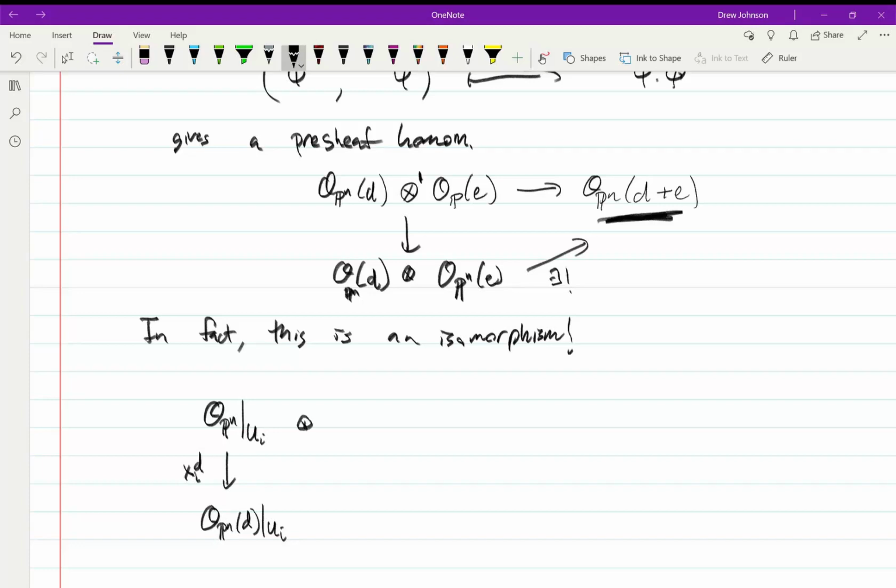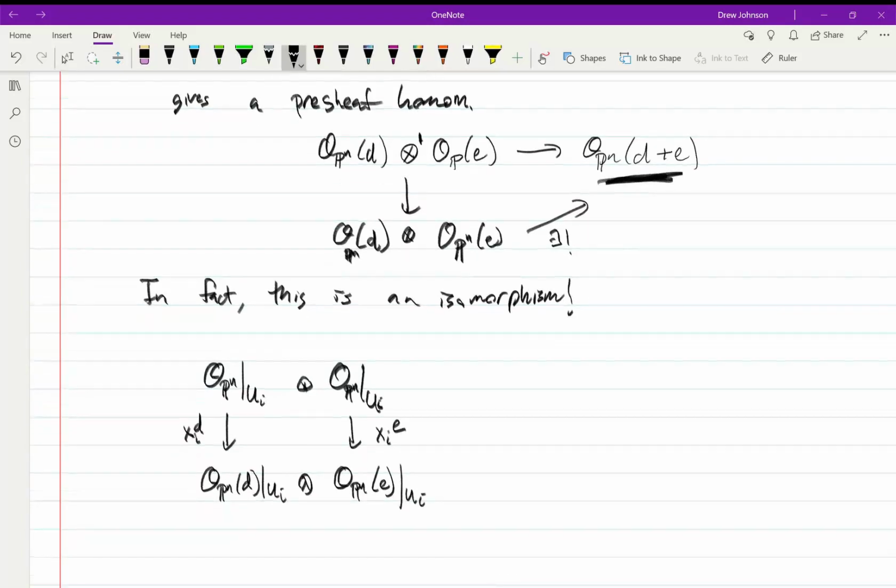But let's put this all together with our tensor product. So if you take the tensor product, yes, let's go like this: O_{P^n}(e) restricted to U_i. And this map is multiplication by x_i to the e. So both of these maps are isomorphisms, so the tensor products should also be isomorphic.